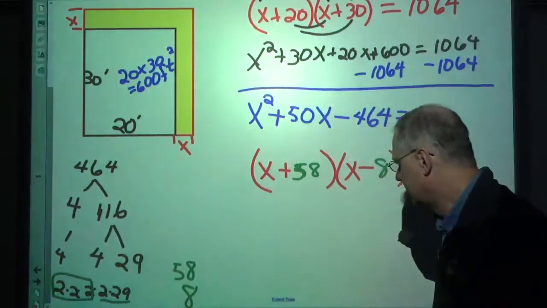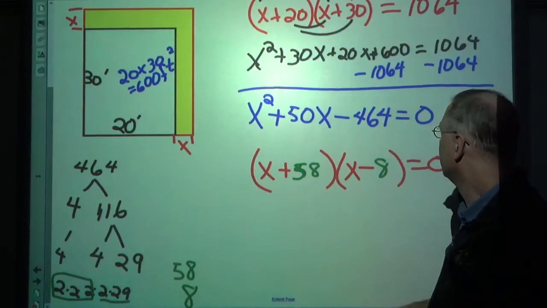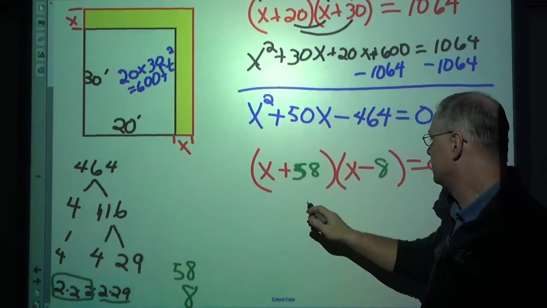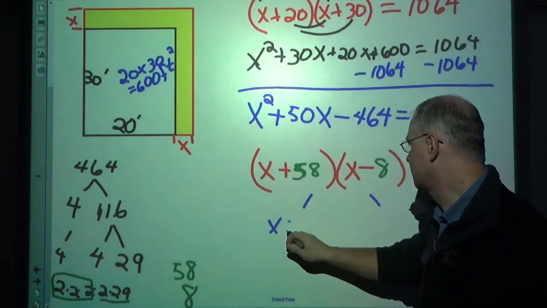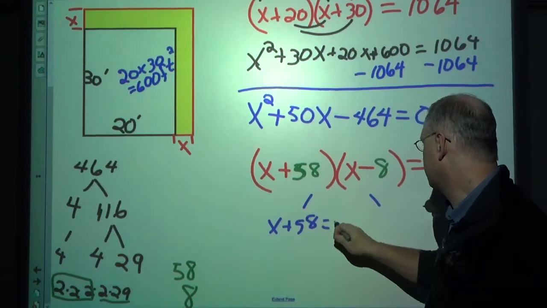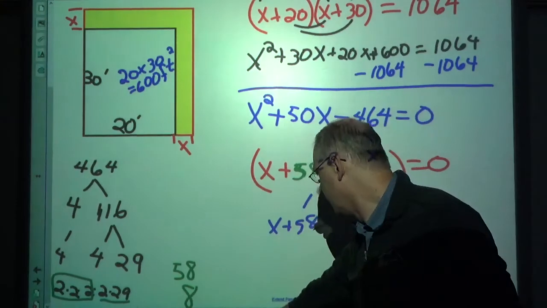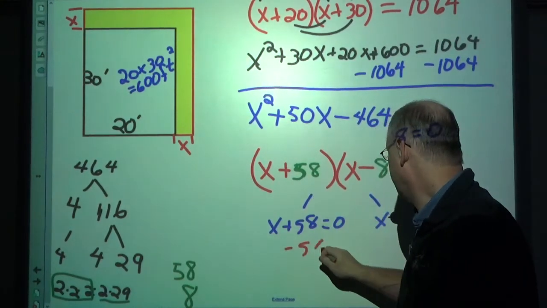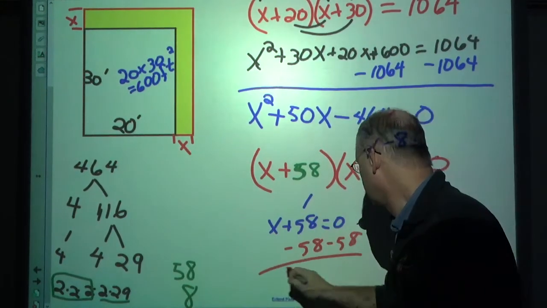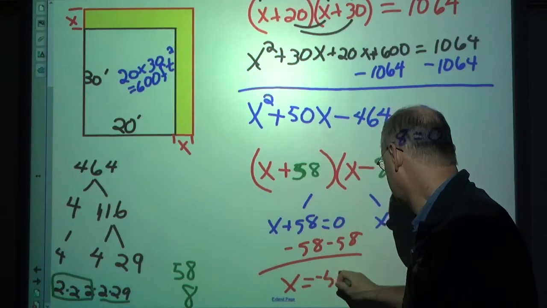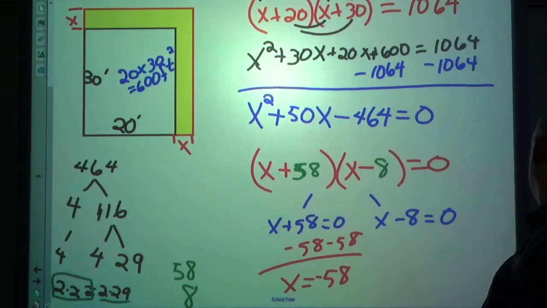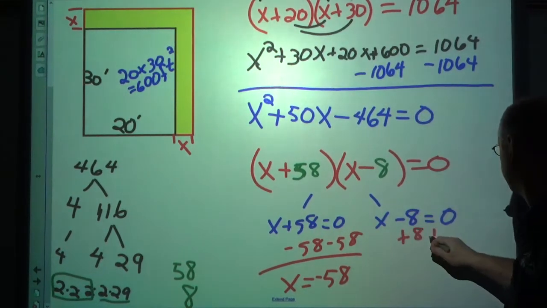All right. Now, we know that this is going to separate and solve. X plus 58 equals 0. X minus 8 equals 0. I'm going to subtract 58. I'm going to add 8.